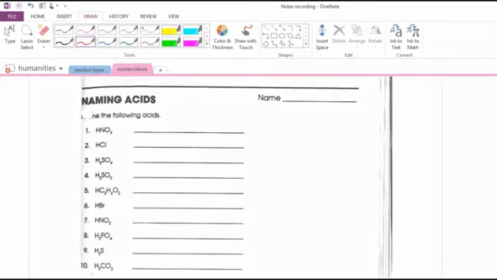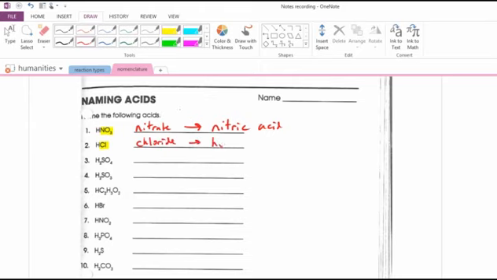So let's look at these, okay? NO3 is nitrate. So we change the ATE to IC and add the word acid. Cl is chloride.